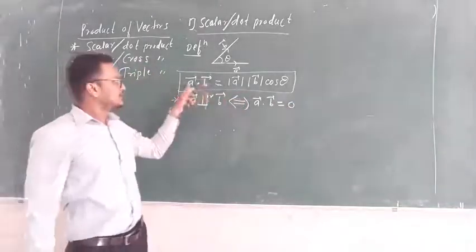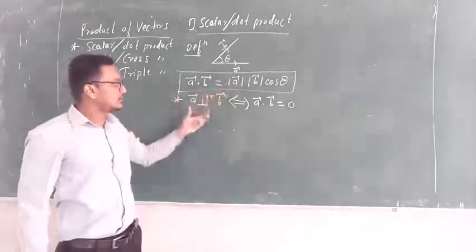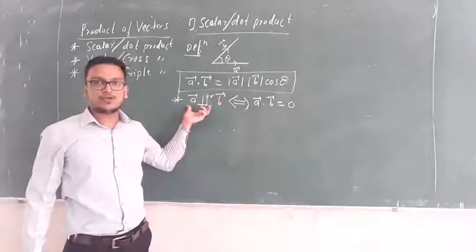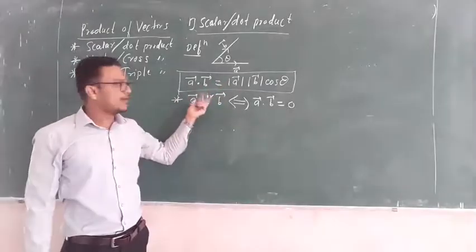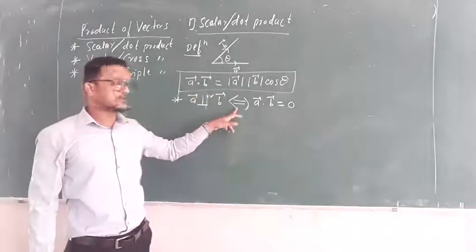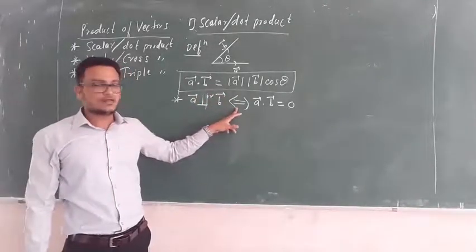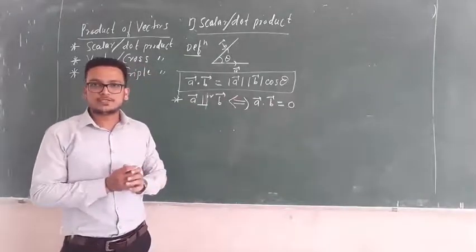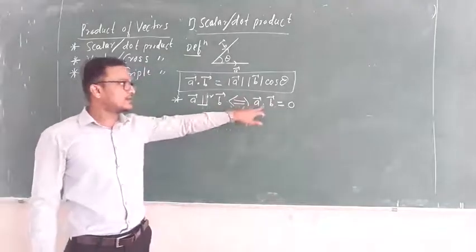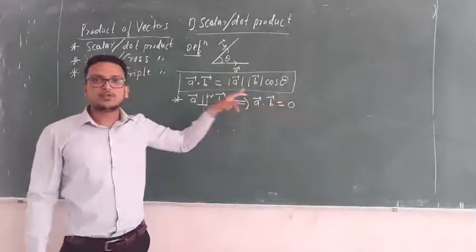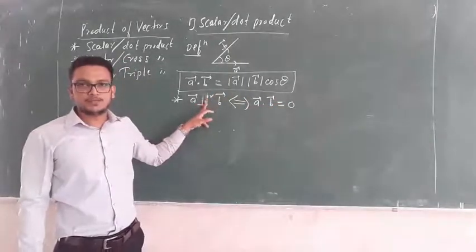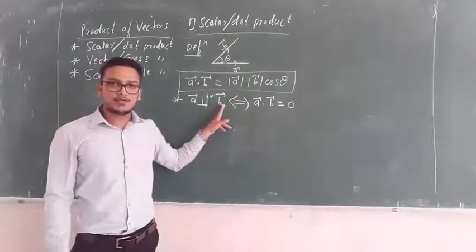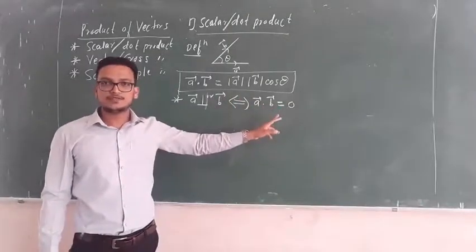Means if this dot product is 0, then vectors A and B are called perpendicular, and vice versa. This symbol is for biconditional; from both ways the statement is true. Suppose A dot B is 0, then you conclude they are perpendicular. Suppose A and B are perpendicular, it means A dot B is 0.